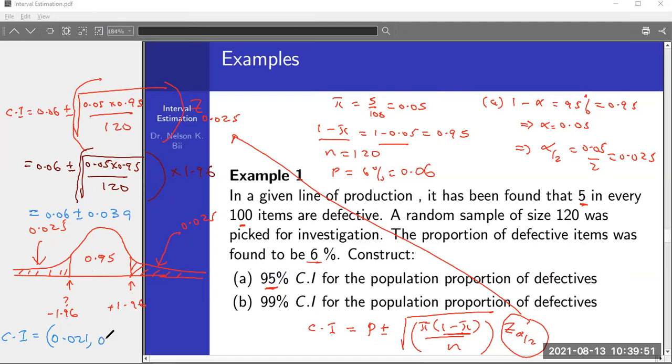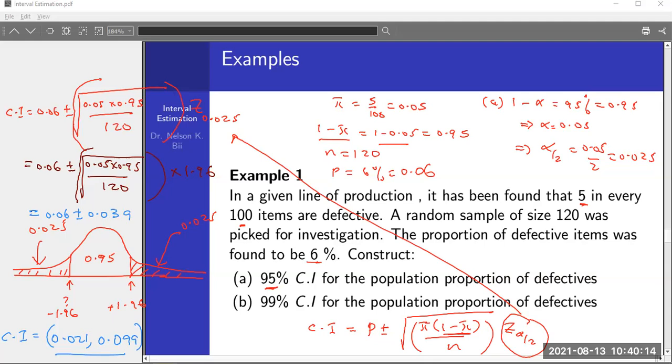Then the upper limit. 0.099, like that. Is that correct? Yes.